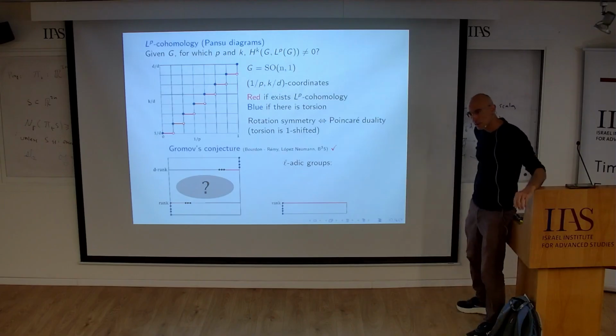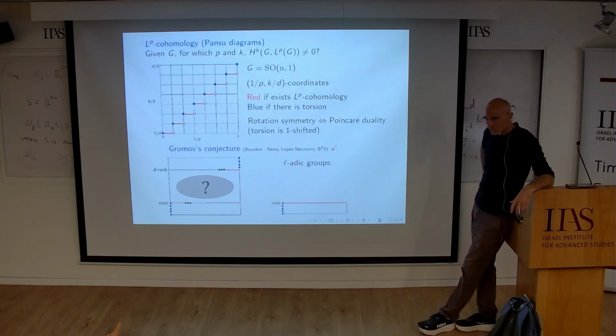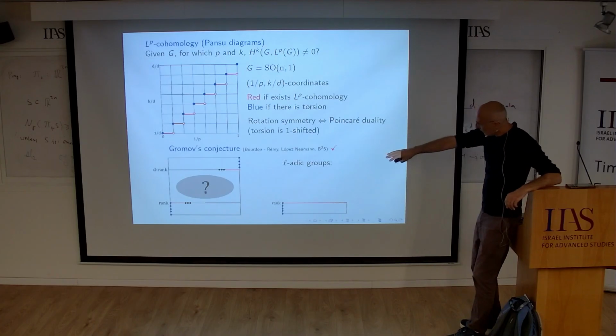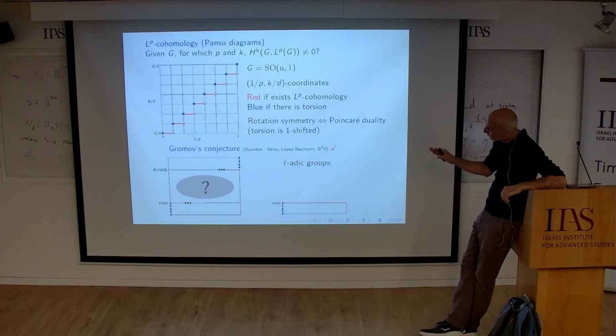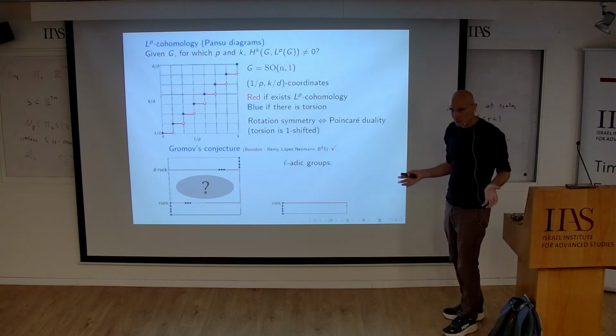My question was, in this picture, for different k's the cohomology kind of appeared and disappeared, right? I don't know if I'm answering exactly, but the phenomenon here is that if you look at a simple group, you have the symmetric space, and this is a thick object.